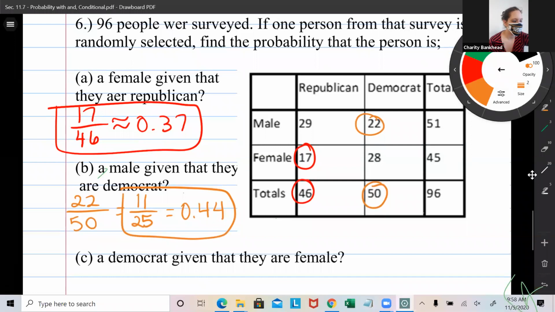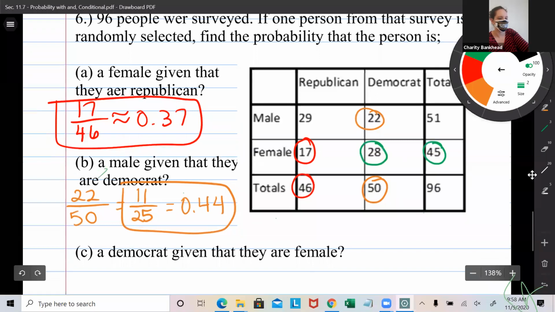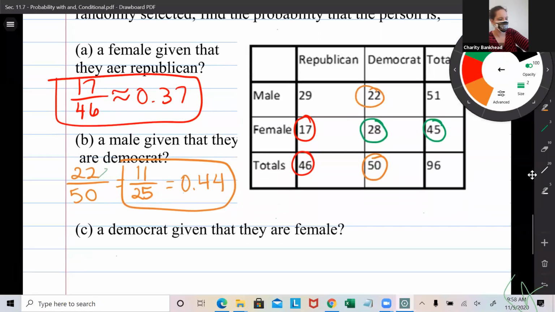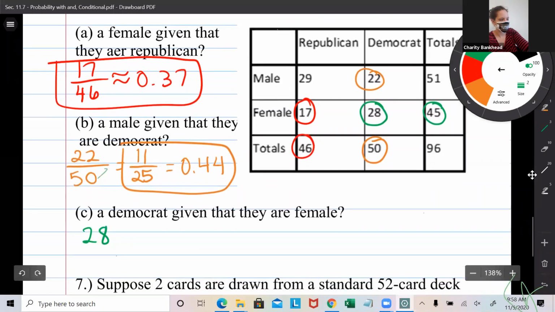All right, and then what is the probability that they are a Democrat given that they are female? Okay, so there are 28 female Democrats divided by 45 females, so 28 over 45. And that's approximately 0.62.